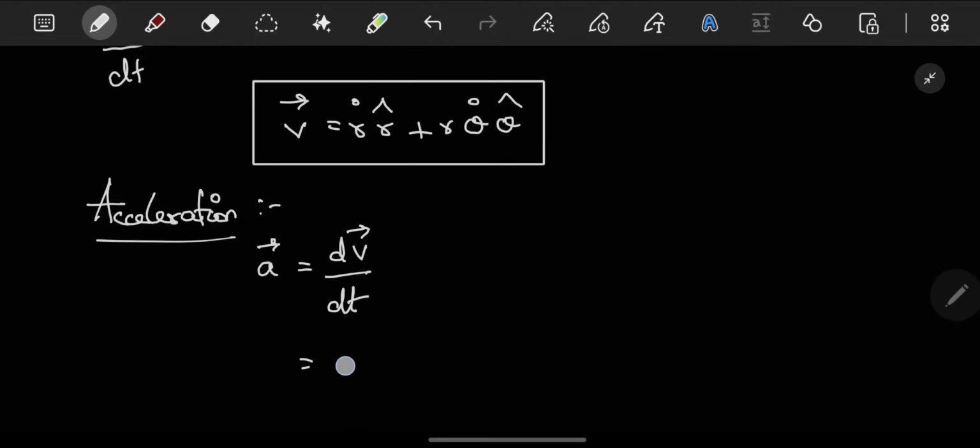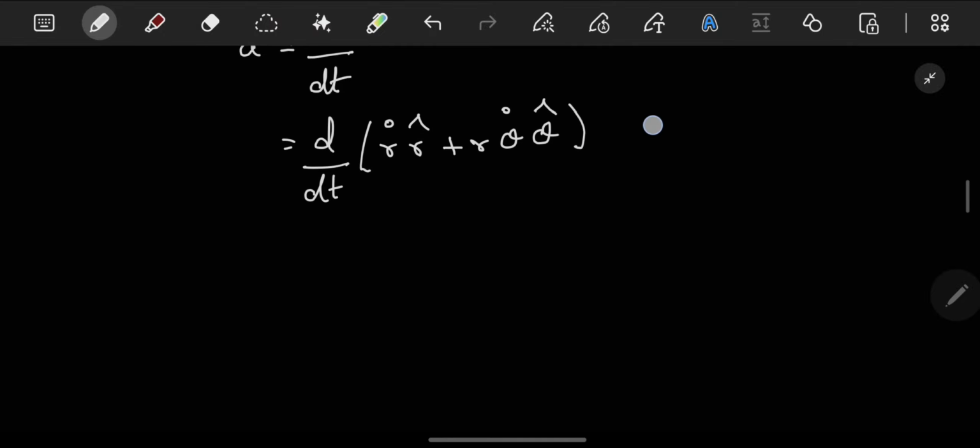We'll substitute this, so we'll get d by dt of r dot r cap plus r into theta dot theta cap. R double dot r cap plus r dot into d r cap by dt.